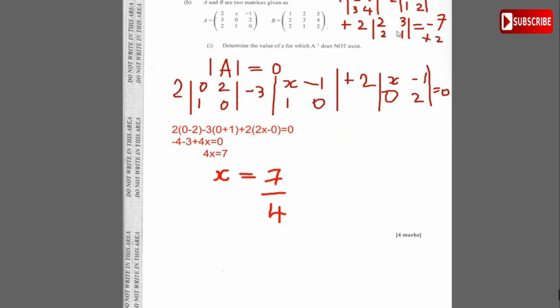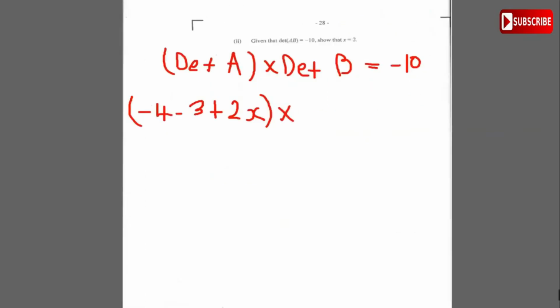And this part works out to be 2 times 1 is 2, minus 3 times 2, which is minus 6. So 2 minus 6 is negative 4. Negative 4 times 2 is negative 8. So negative 7 plus 2 is minus 5. Minus 8 is negative 13. Nice and easy, so the determinant of B is minus 13.